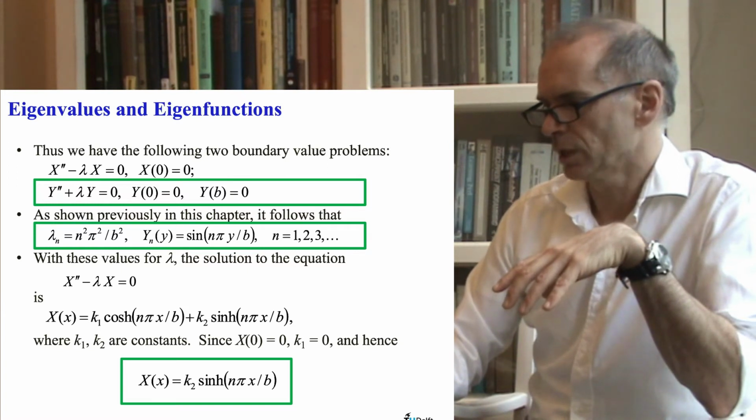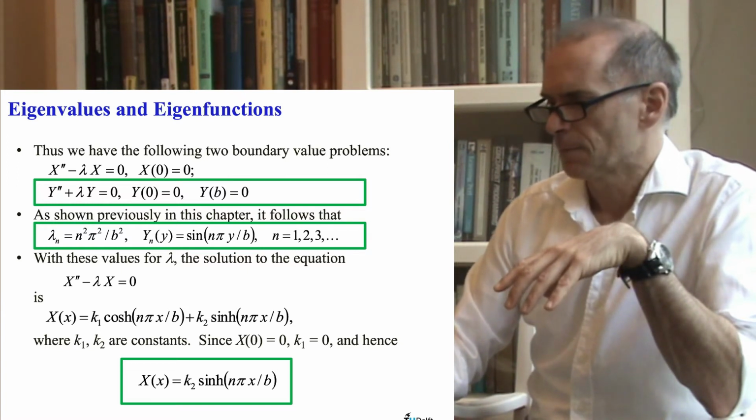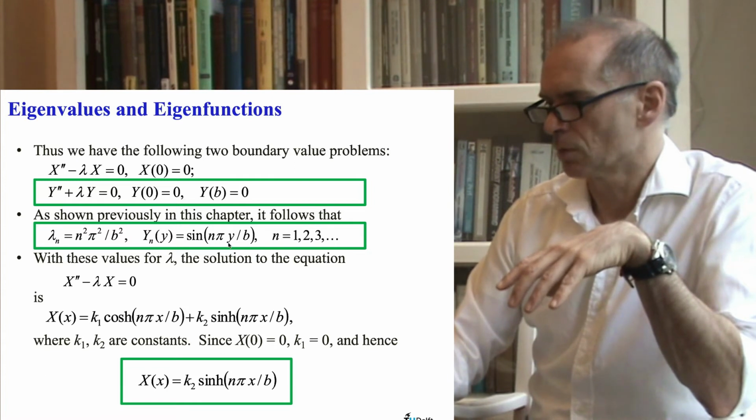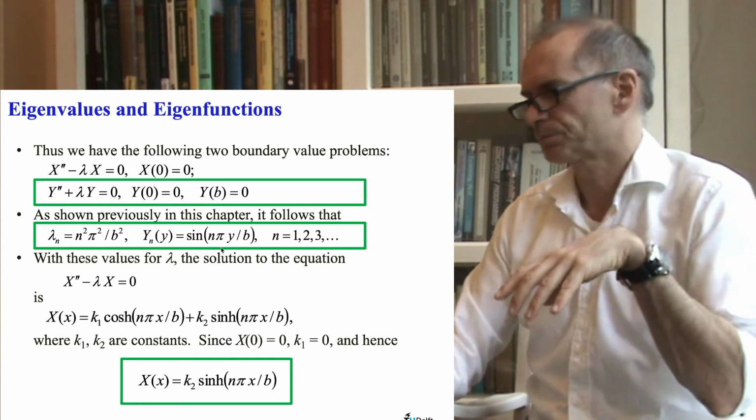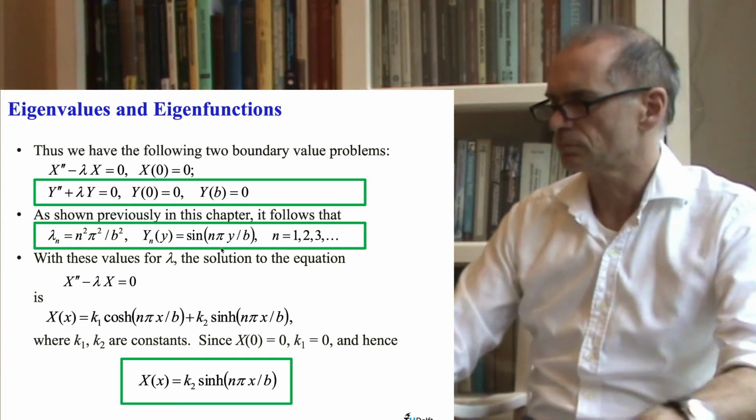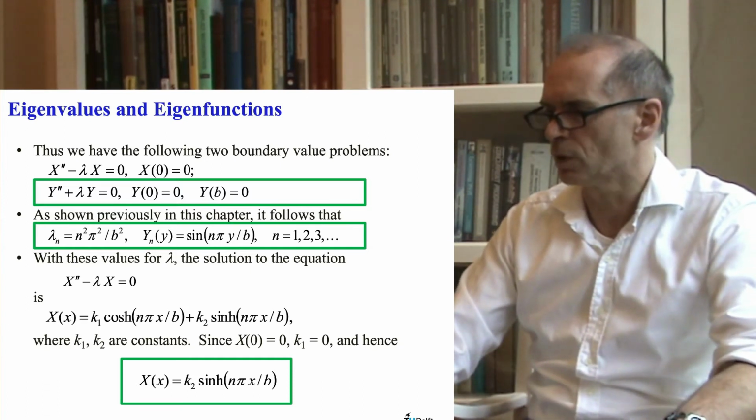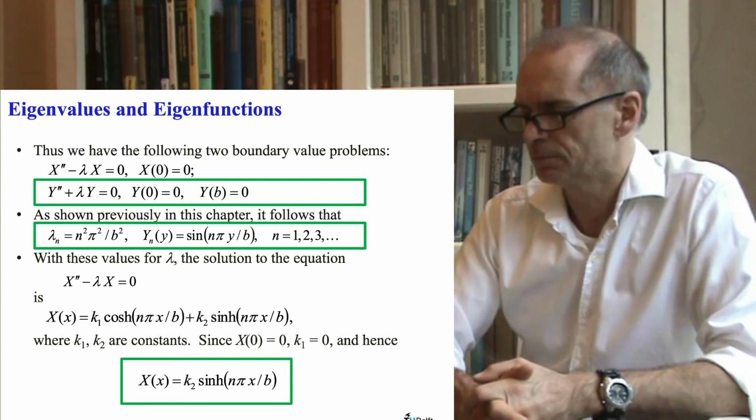And at the other side, which is y is b, you can also have it equal to 0 as long as the prefactor of y is n pi over b.